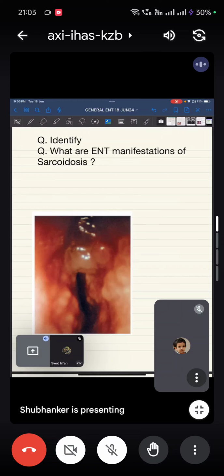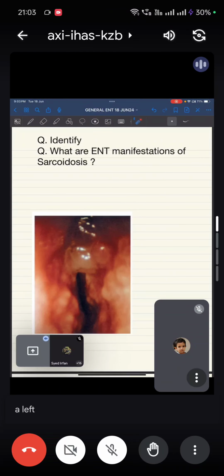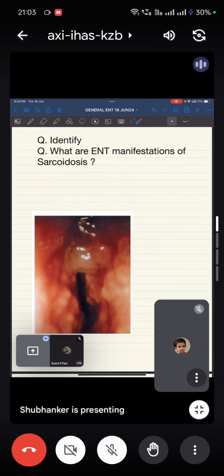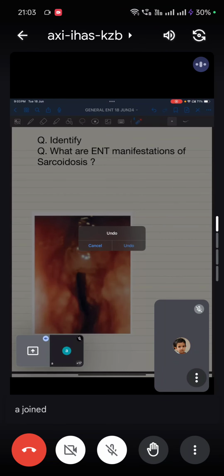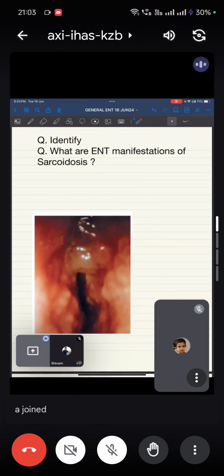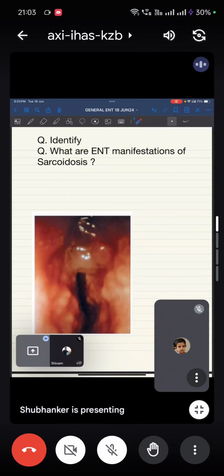So now suppose you don't know what is over here, what is over here, you don't know. When you see the second line of the question, you will be able to judge what this question is, what the examiner wants us to answer. So when he is saying identify, or when he is saying what are the ENT manifestations of sarcoidosis, even if I don't know anything, I'll answer, sir, this is sarcoidosis.